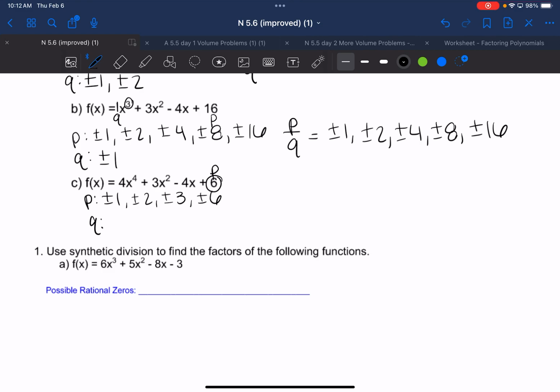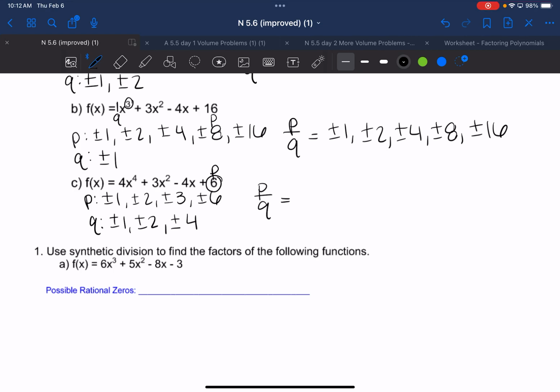What did we come up with for Q? And 4. Nice. Okay. So now we just needed to go and write these as a ratio. All right, so maybe we start with that first possibility for P and put it over our first possibility for Q, right?